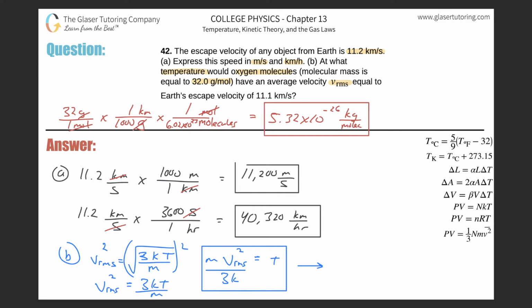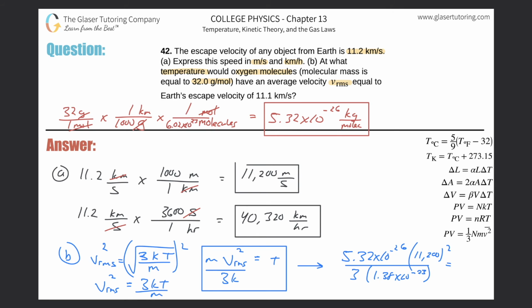So let's plug in that mass. We have 5.32 times 10 to the minus 26 multiplied by that root mean square velocity. We needed it in terms of meters per second, so we had 11,200. Square that. And then divided by 3 multiplied by the Boltzmann constant, which is 1.38 times 10 to the minus 23rd.